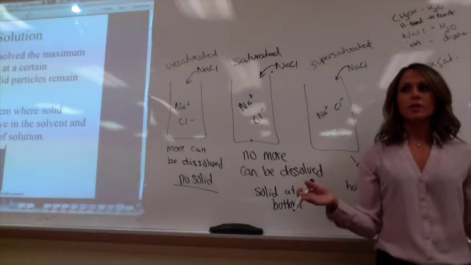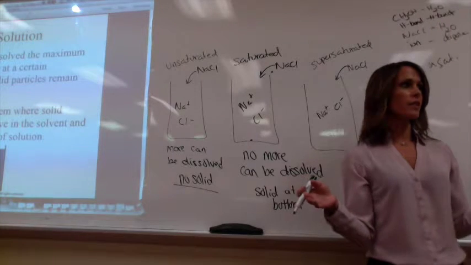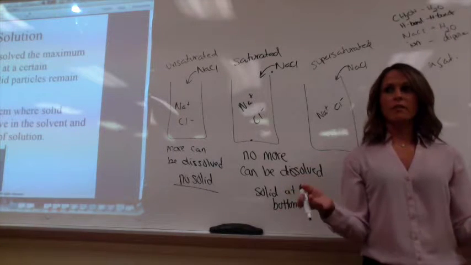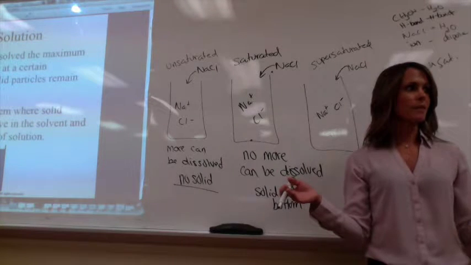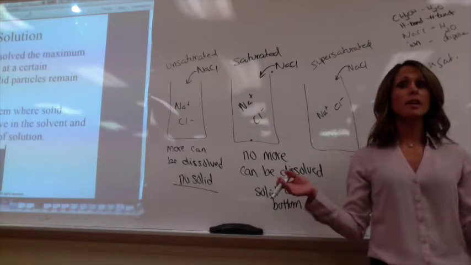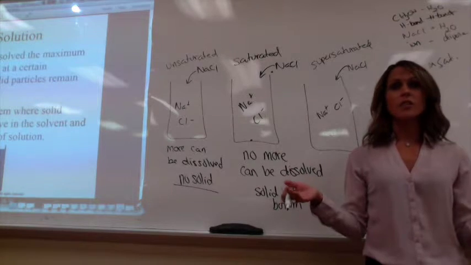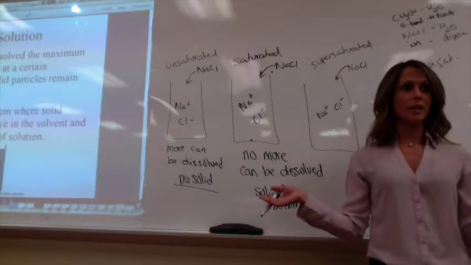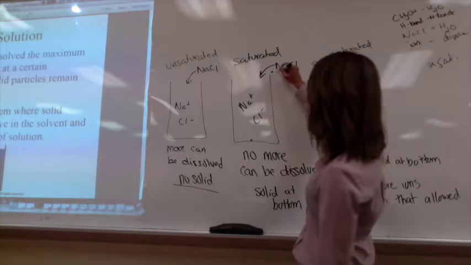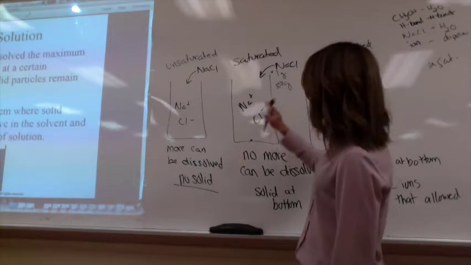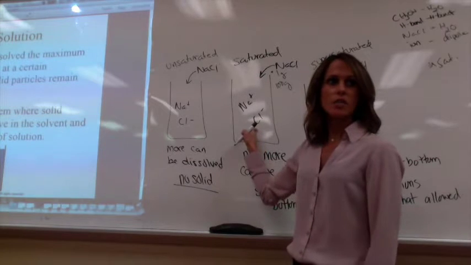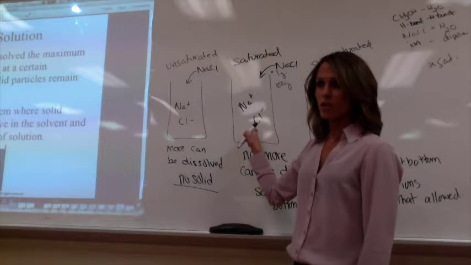It's as if we're going into a theater and the theater holds 25 seats. And 25 of us walk in, and then 2 extra people walk in. There's no seats for them. It doesn't matter if 2 more people walk in or 50 more people walk in, there's still going to be only standing room, right? So if I dump in 1 gram of sodium chloride or 100 grams of sodium chloride, once I've reached the maximum concentration of the ions in the solution, the rest just falls to the bottom.